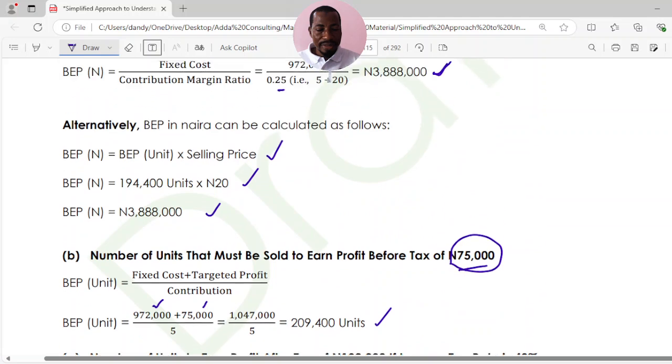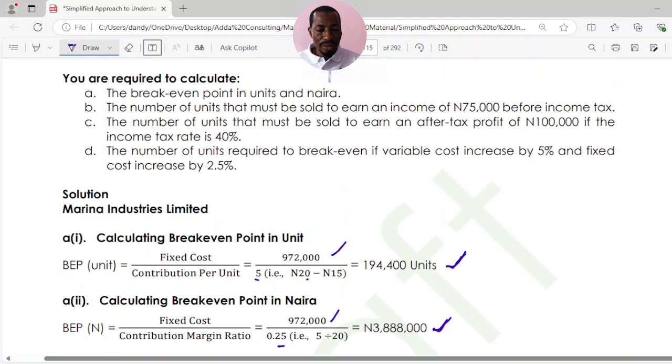Okay, number D requirement of the question. You have to calculate the number of units required to break even if variable costs increase by 5% and fixed costs increase by 2.5%.